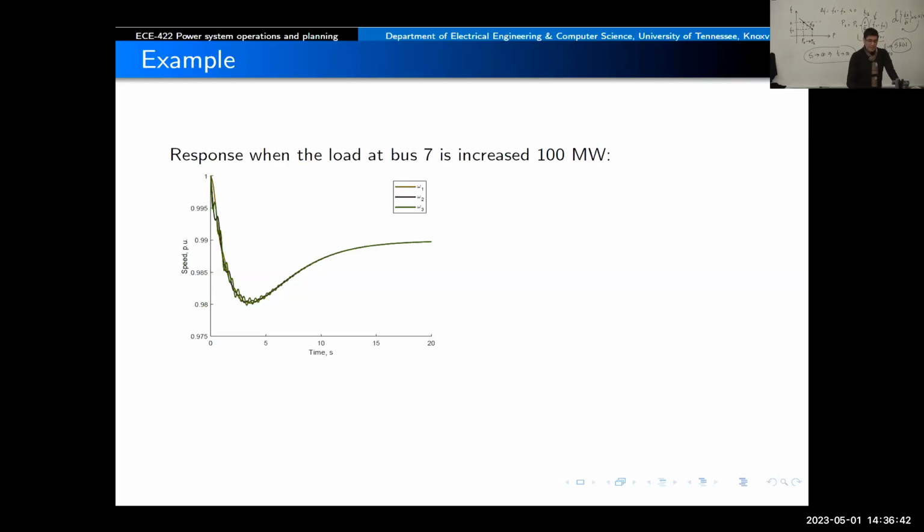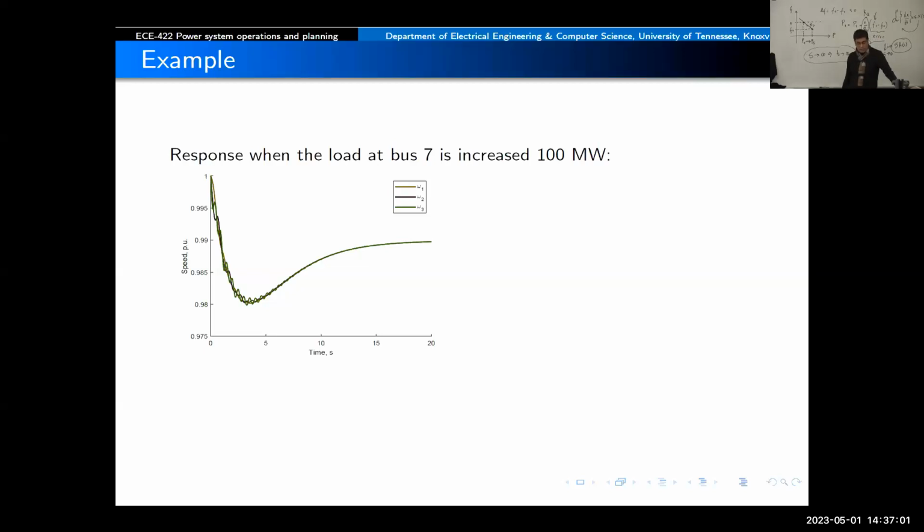So in this case, we will have this behavior for the speed. What can you tell me? So we have 3 machines, and that's the behavior. What can you say about it? This is new.